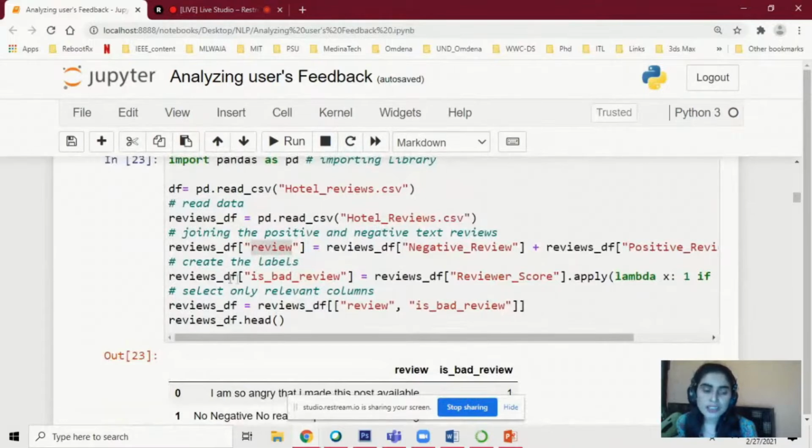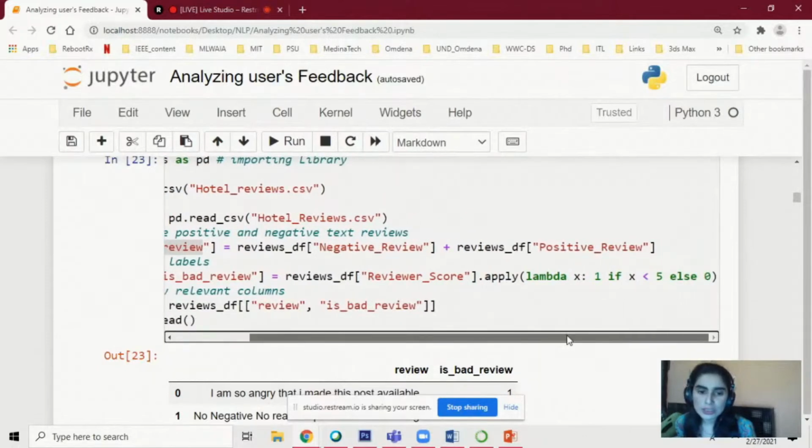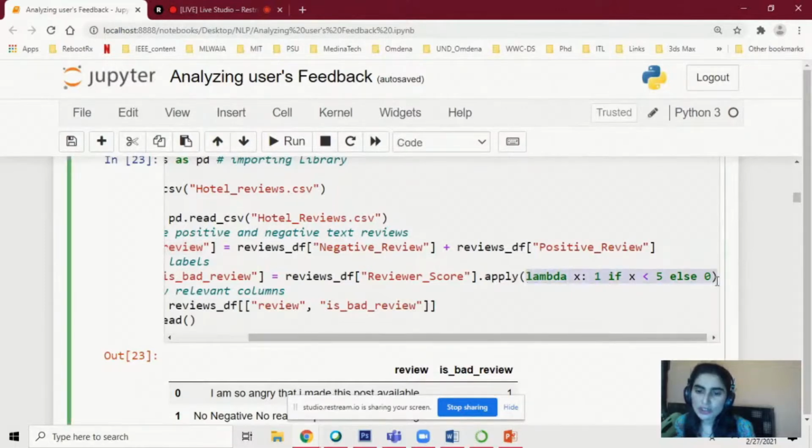So review_df's bad review is again a column. In that column I am going to add the values: reviewer_score.apply, that is a lambda function which returns just an if-else statement.